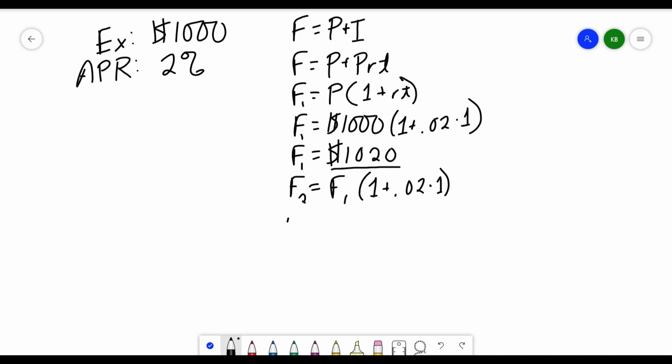So I would end up with a future value of $1,020 times 1.02.